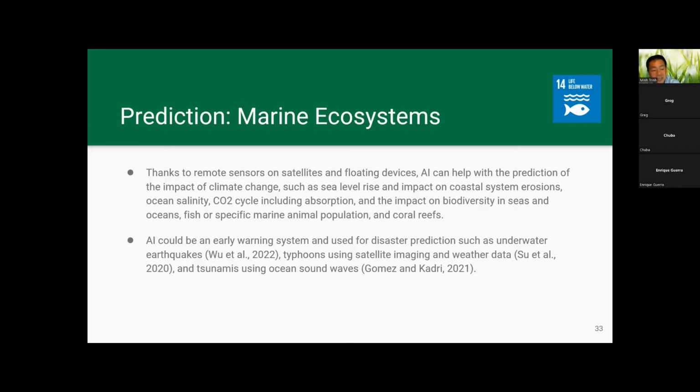These floating devices have sensors, so you can measure ocean salinity, acidity, and so on. So you can collect useful data. There could be an early warning system used for disaster prediction, such as underwater earthquakes and typhoons, using satellite images and weather data, and tsunamis, using ocean sound waves. So some applications of that.